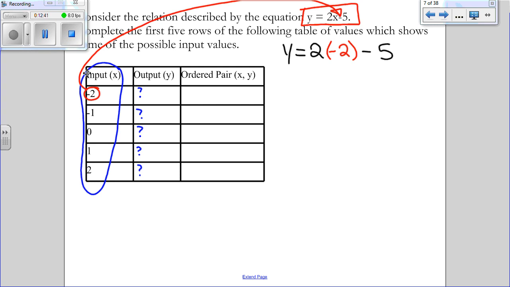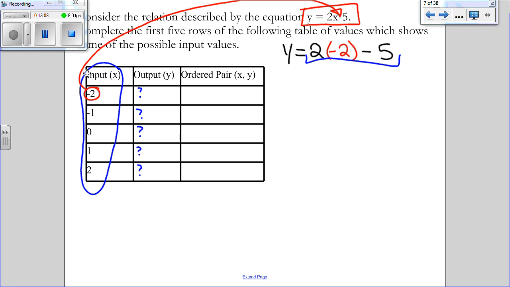From this point, I want to figure out what my output is. I no longer have anything but numbers on the other side. So I can put that into my calculator. I would put it in exactly how I see it. So in my calculator, I would put in 2 bracket -2. The negative symbol is the one beside the decimal.